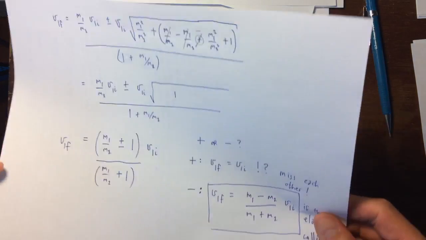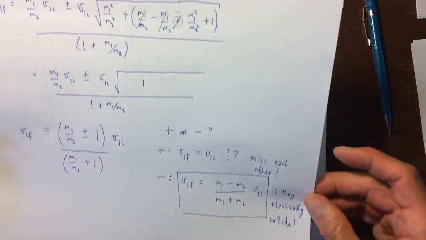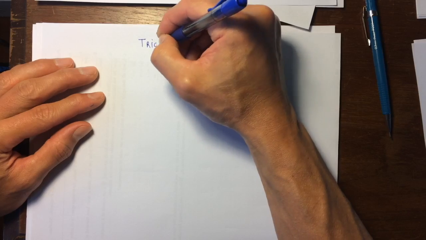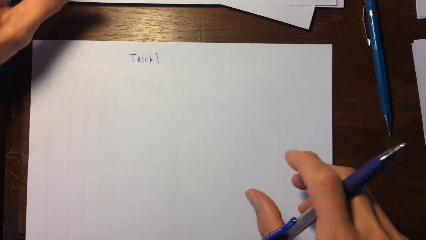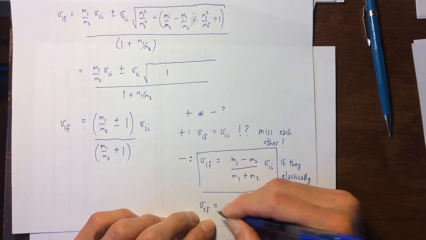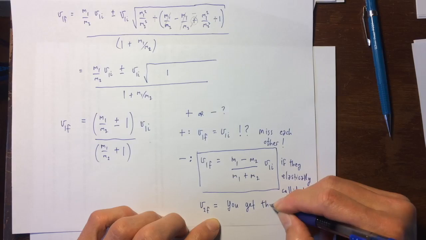Okay, so I got a trick though. Remember, this was all based on a trick. So here's the trick. Before I do the trick, let me remind you that V2 final, you get this.